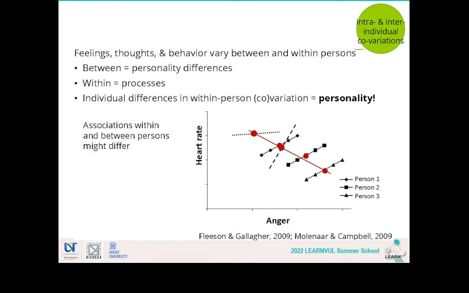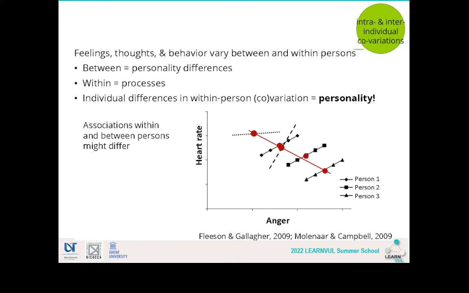I think intensive data collection, or intensive longitudinal study, or ambulatory assessment, as you want to call it, has one big important benefit: the fact that you can see the difference not only between persons, but that you can see variation within persons.